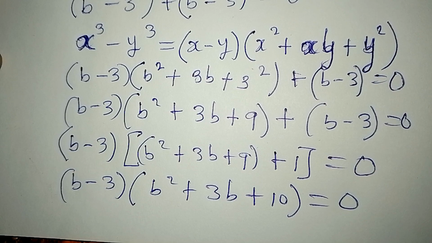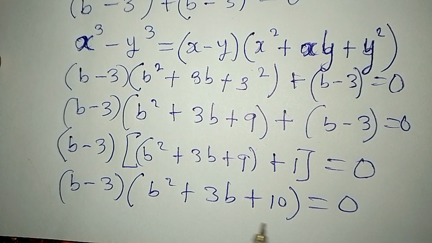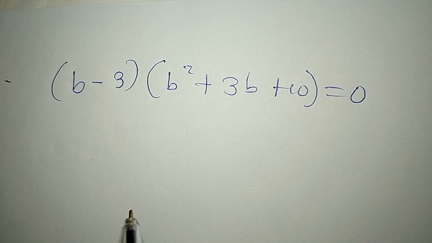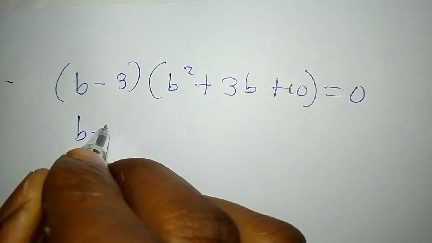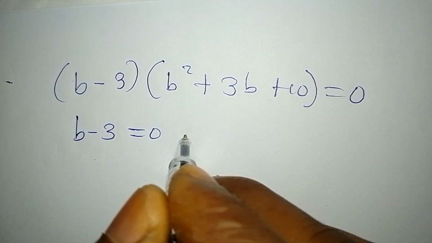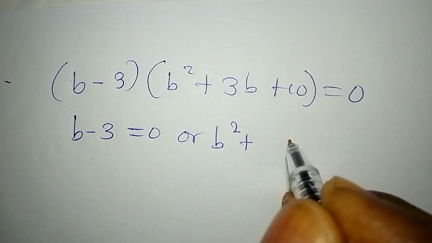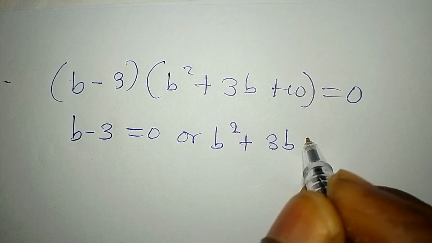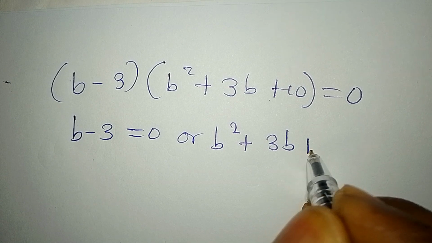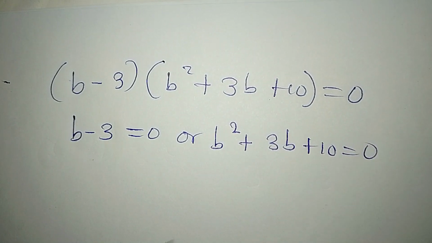Now, we're going to apply zero product rule so that we can continue from here. Okay, so it is either b minus 3 is equal to 0 or b squared plus 3b plus 10 is equal to 0.